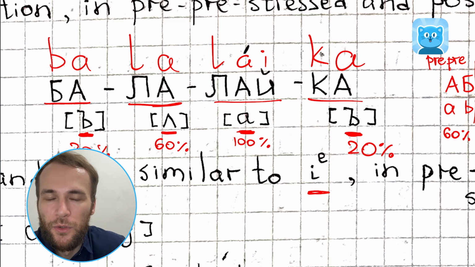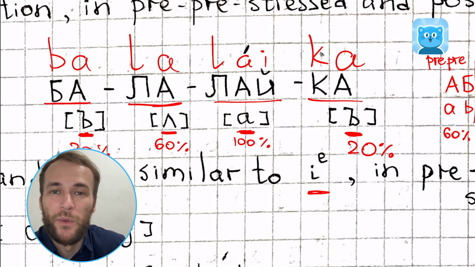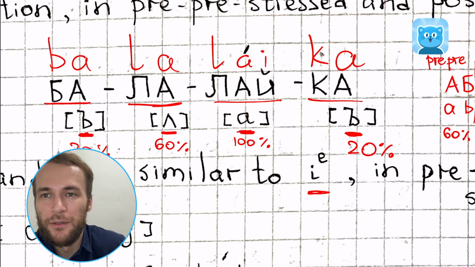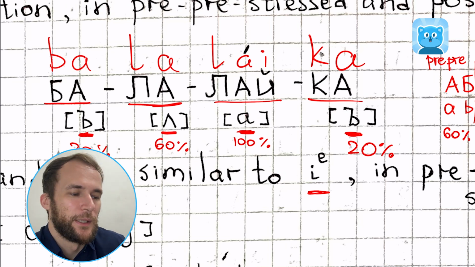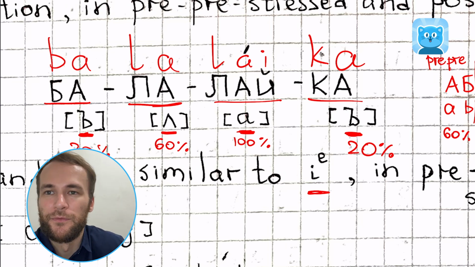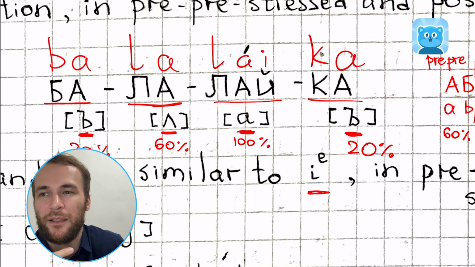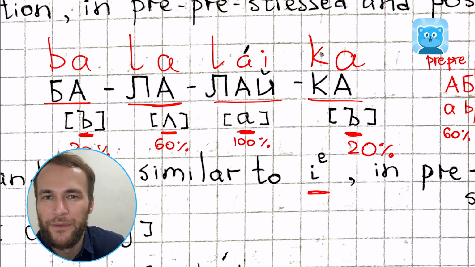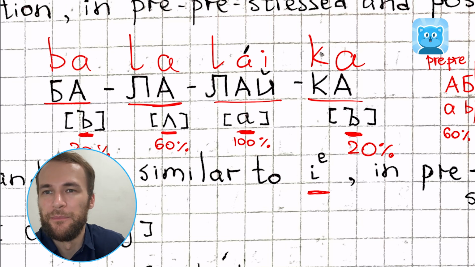Nobody will laugh at you anyway, because Russian people are very kind and they're very happy when foreigners are trying to learn and speak Russian. But they will notice that you have some pronunciation problems. For example, when I learn Chinese, I don't really care about my pronunciation, so as long as people can understand me, I am happy about it. So it depends on you.